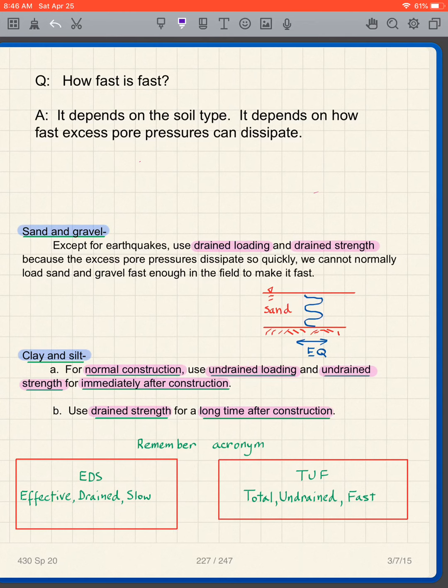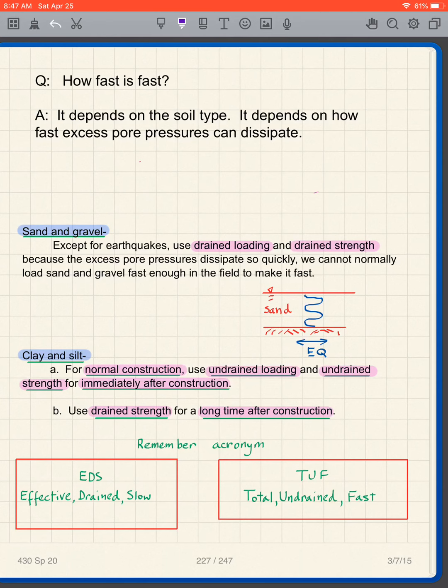And what do we know? Well, one cycle of an earthquake load may be 1 second. So one cycle of the wave is 1 second. That's faster than the excess pore pressures can dissipate.